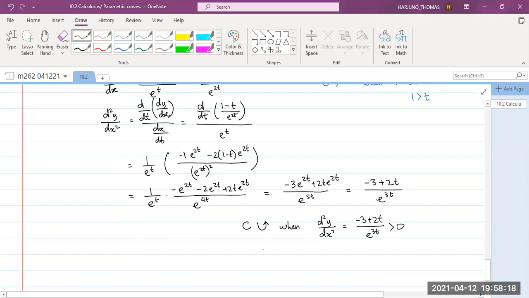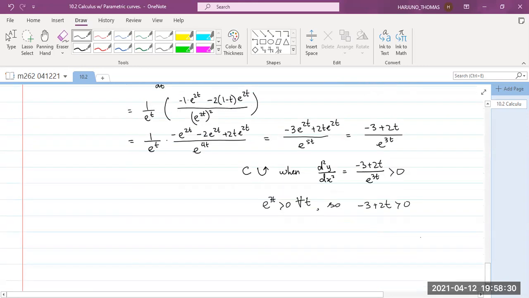Right? But e to the 3t is positive for every t. So it must be the numerator that is positive. So 2t should be greater than 3. T should be greater than 1.5.